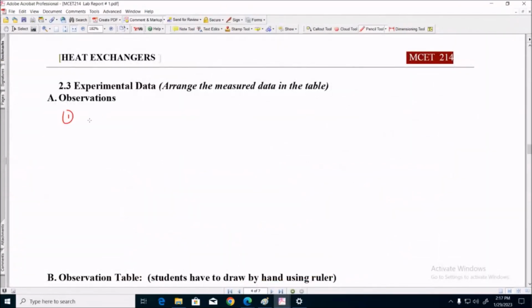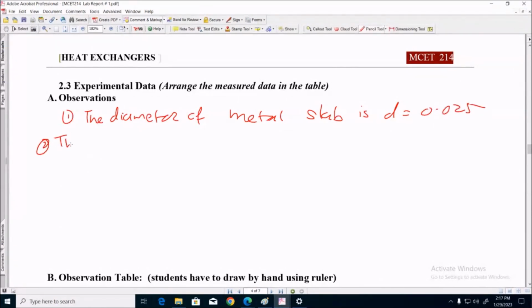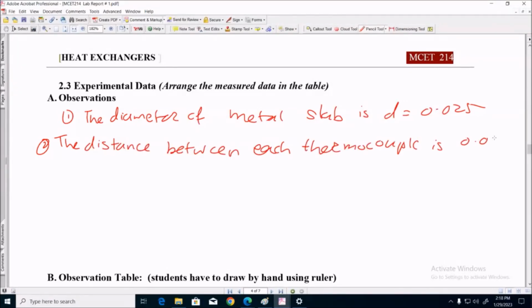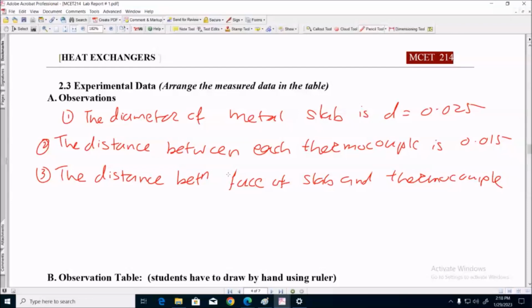Number 1, the important observation is diameter of metal slab D is equal to 0.025. Number 2, the distance between each thermocouple is 0.015. Number 3, distance between face of slab and thermocouple is 0.0075 meters.